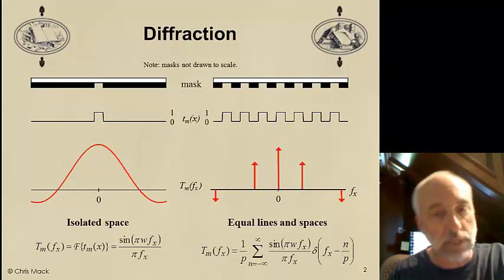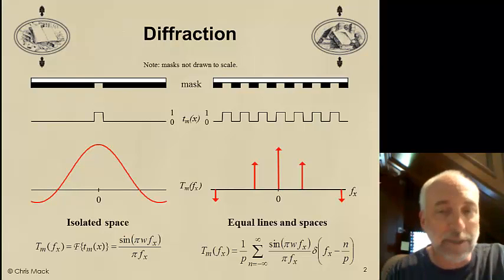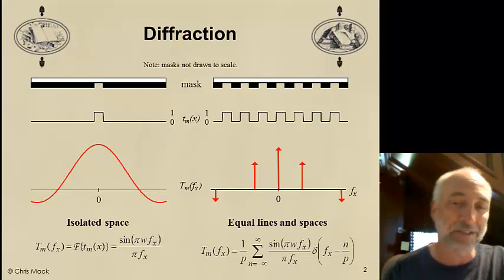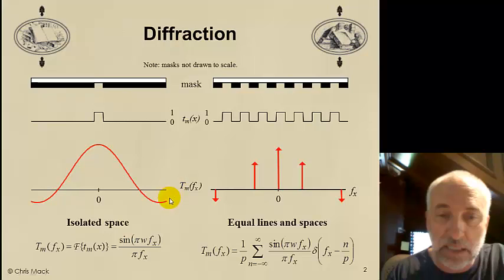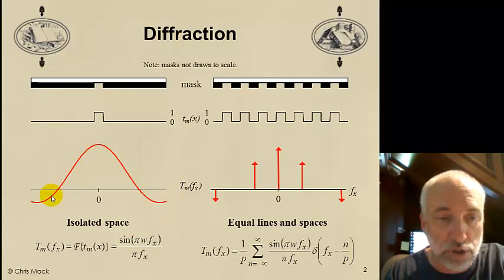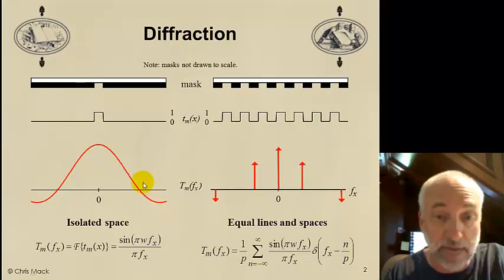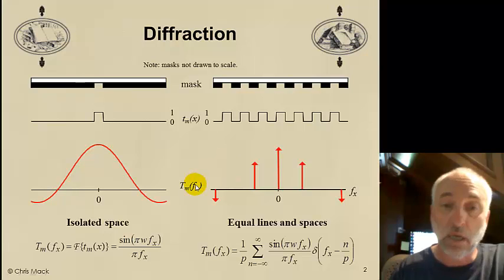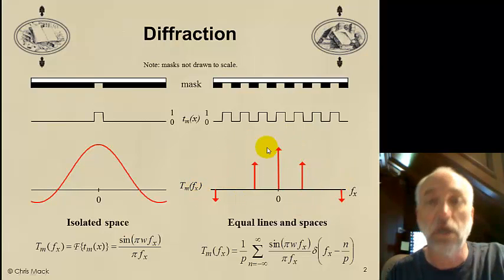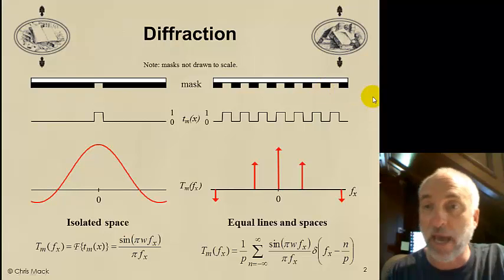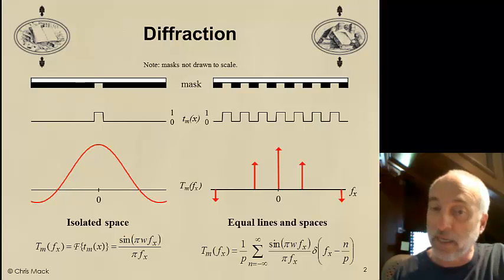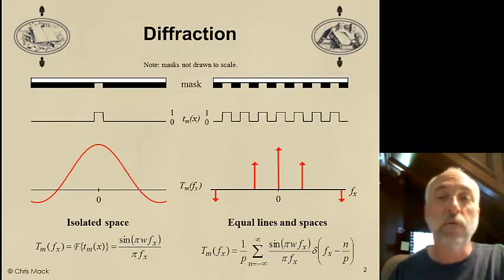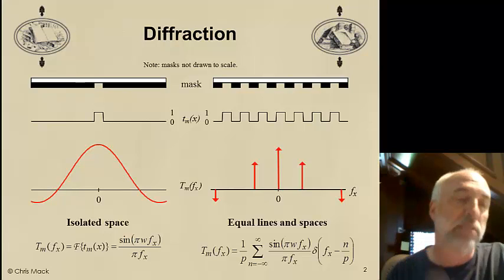And the resulting diffraction pattern looks very, very different. There are some similarities to the isolated space, as we'll see, but it looks very different indeed. Instead of getting a continuous energy distribution, what I'm plotting here is in fact the amplitude of the electric field, but in the case of a repeating pattern of lines and spaces, instead of getting a continuum of light energy or electric field, we get instead discrete points of light.